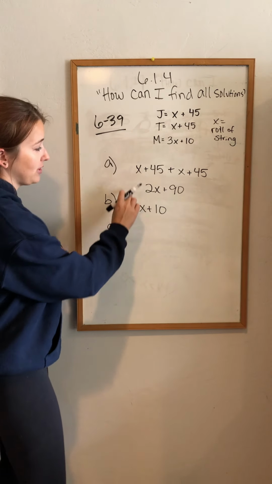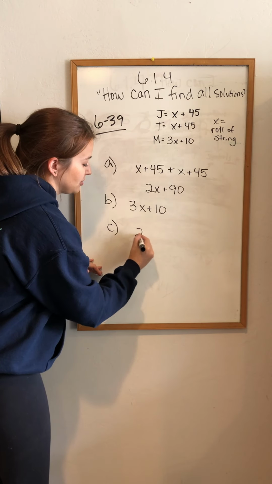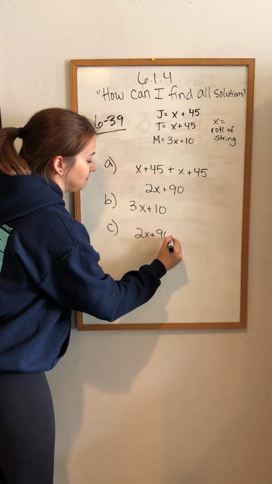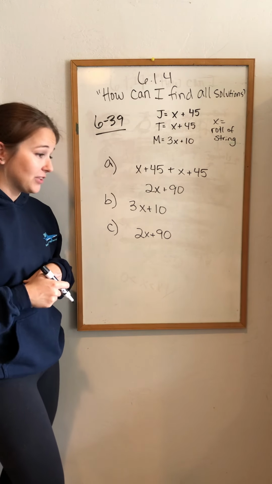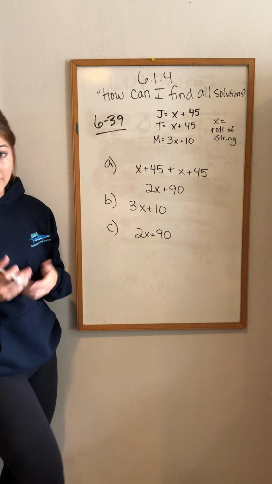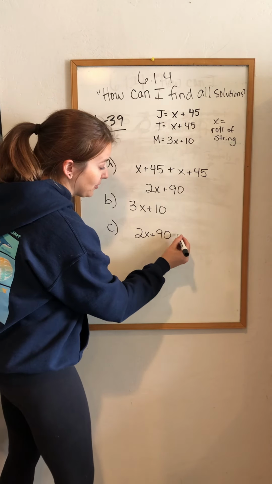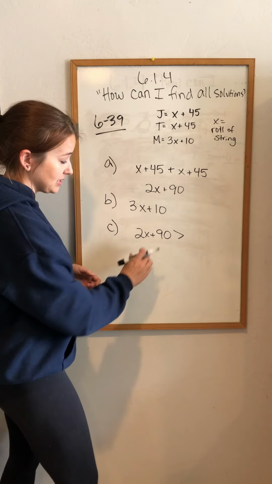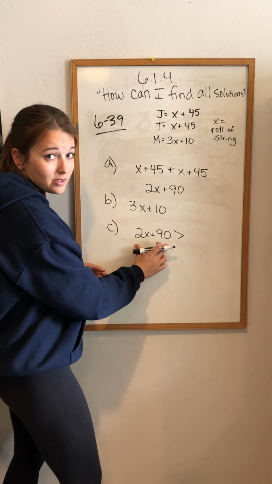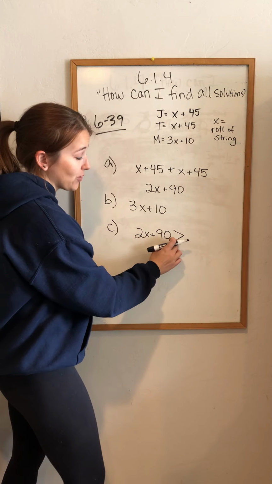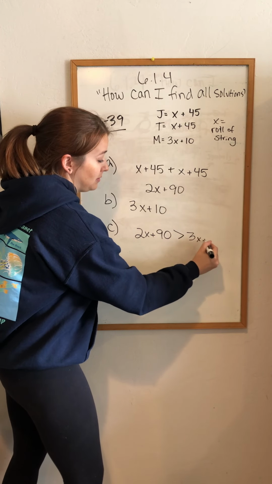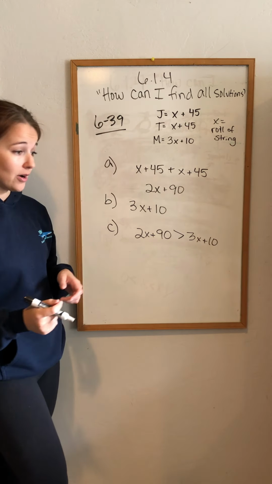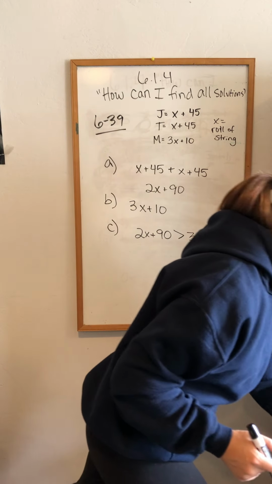I started out with theirs, Jordan and Terry, 2x plus 90. And then it says they want to fly it higher than Morgan's kite, so I put a greater than symbol, because whatever this is, if we solve for x, needs to be greater than whatever Morgan's is.